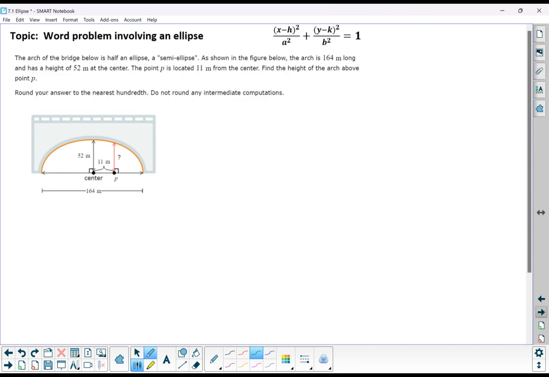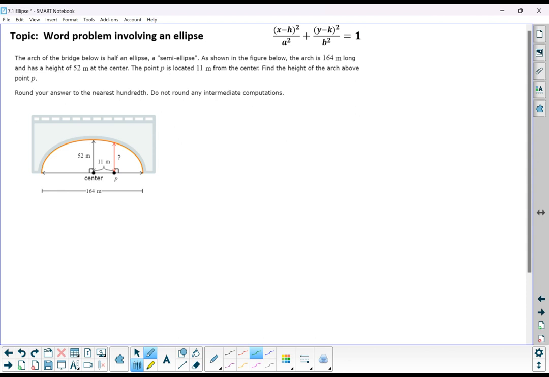Okay. All right, so if you have any questions on those two topics, let me know. We've got one more topic. It is a word problem involving an ellipse. So we've got an arched bridgeway that is half of an ellipse, sometimes called a semi-ellipse, kind of like a circle is a semicircle. And you will always get a picture on this word problem topic, which is really nice.